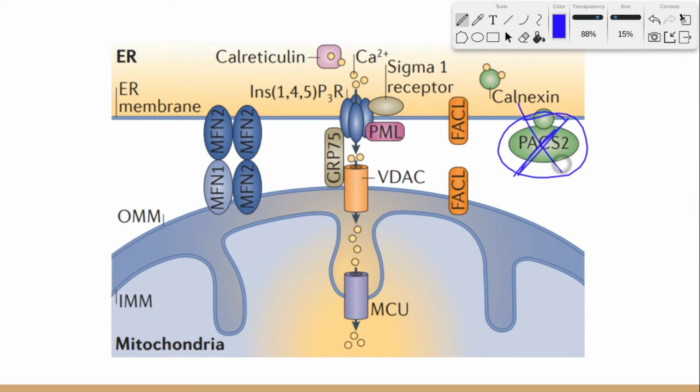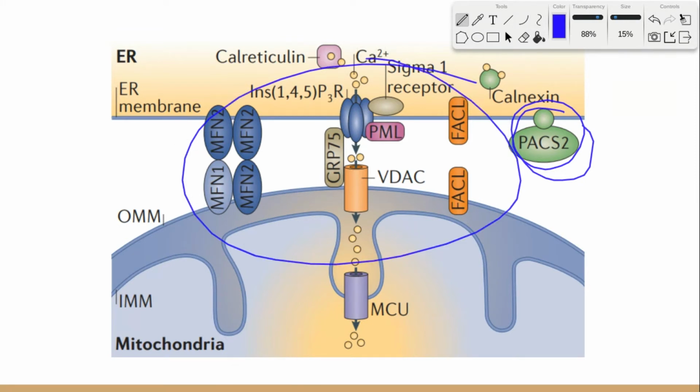Loss of PACS2 causes severe intellectual disability in humans. And in cell culture, cells lacking PACS2 don't have mitochondrial associated membranes, and they also have dysfunctional and highly hyperfragmented mitochondria. So PACS2 is thought to be involved in coordinating the construction of this entire complex by recruiting the necessary proteins.